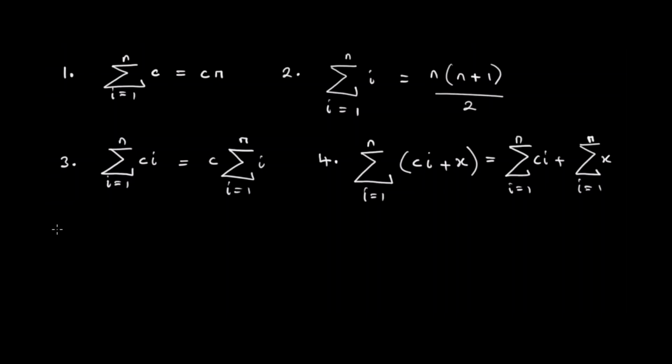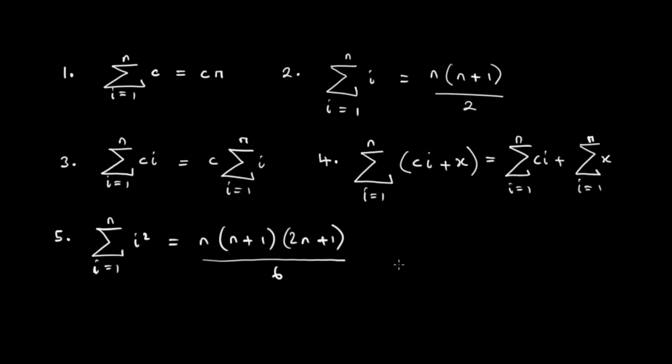Then for number 5, we learned that the summation of I squared, from I equals 1 up to n, is equal to n(n plus 1)(2n plus 1) everything over 6.